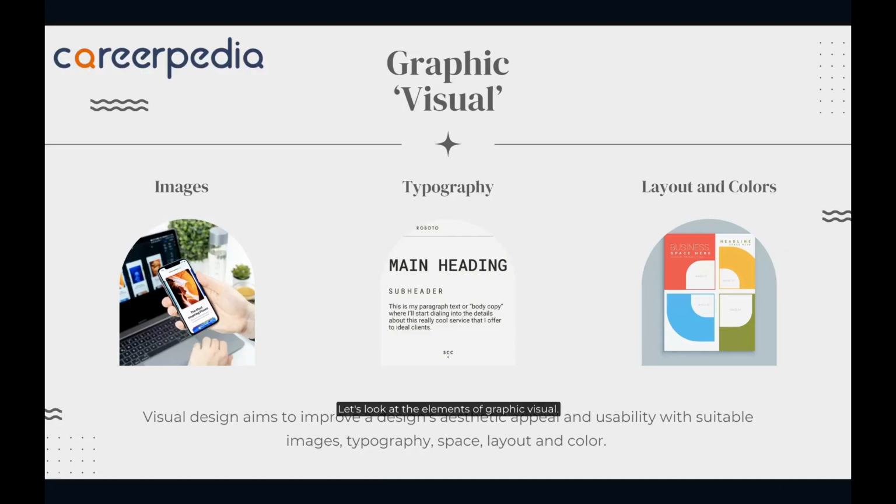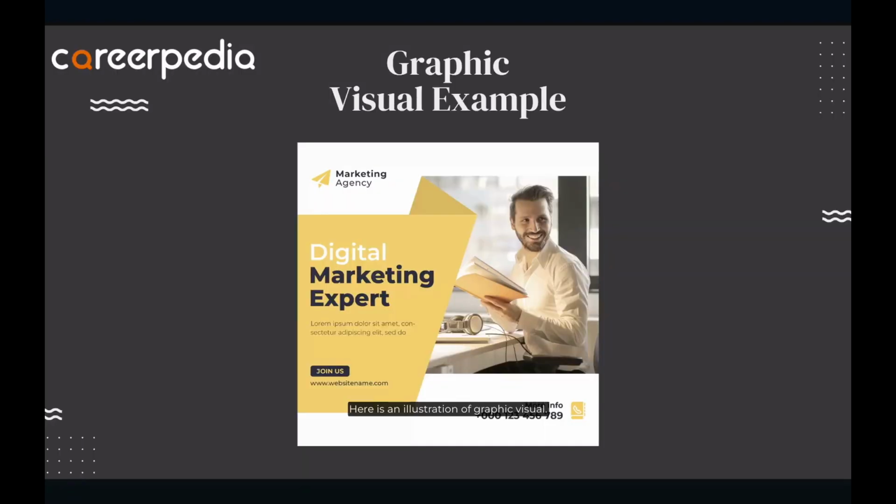Let's look at the elements of graphic visual. It includes colors, typography, layout, and images. By using appropriate pictures, typography, space, layout, and color, visual designers seek to increase a design's visual appeal and usefulness. Here is an illustration of graphic visual.